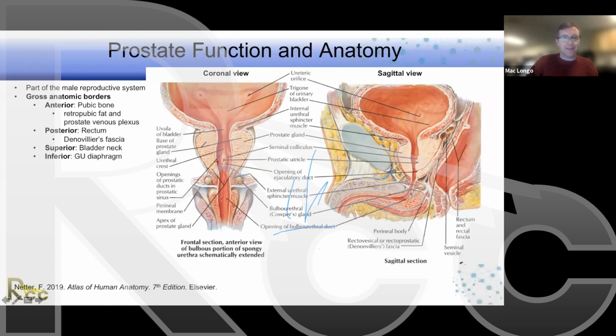I always love looking at these anatomic cartoons because the anatomy is pristine. It is perfect. And I think we could all commiserate that when we are contouring these patients, the anatomy is often far from perfect. But these are certainly important references and reminders of key prostate anatomy.